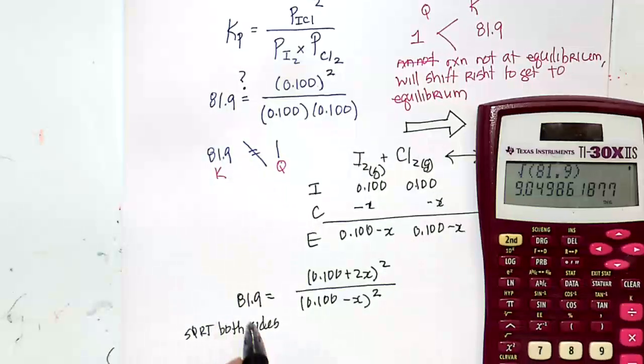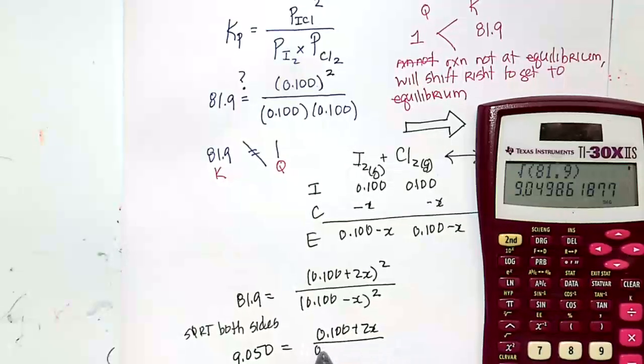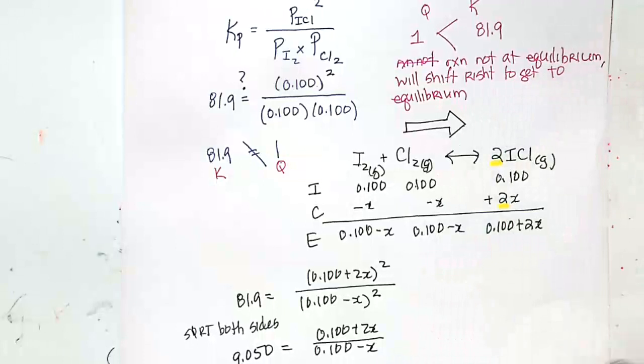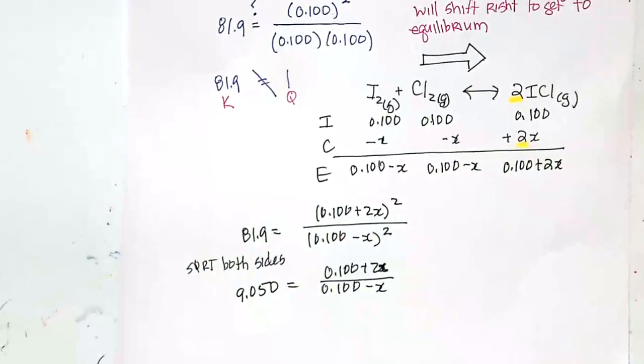I'll put some extra digits in there: 9.050 equals 0.10 plus 2x divided by 0.100 minus x. So we just square rooted both sides of the equation.